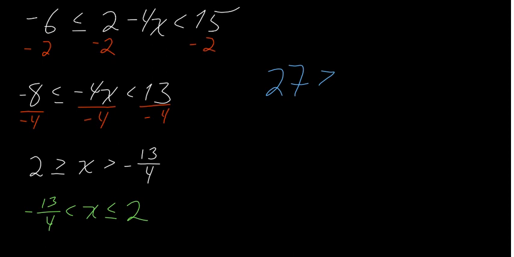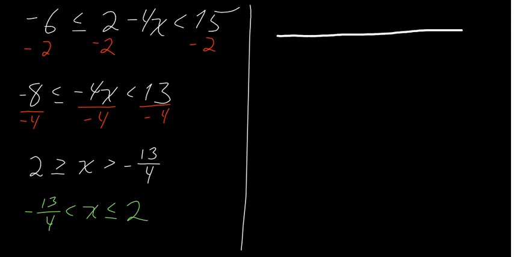Right. So let's go ahead and put our solution on a number line. We have our number line here, with infinity on this side and negative infinity on this side.